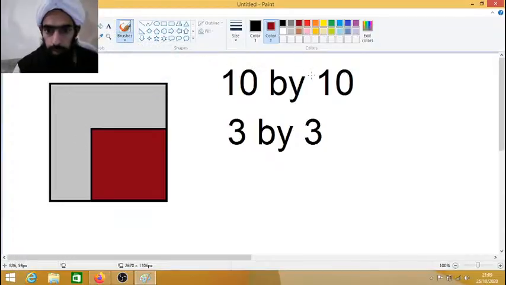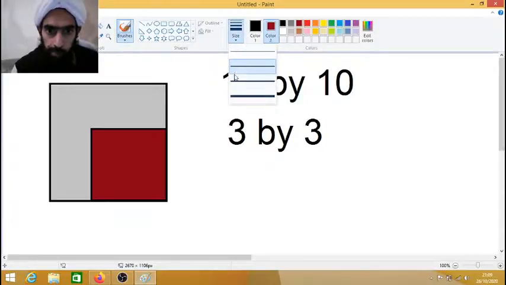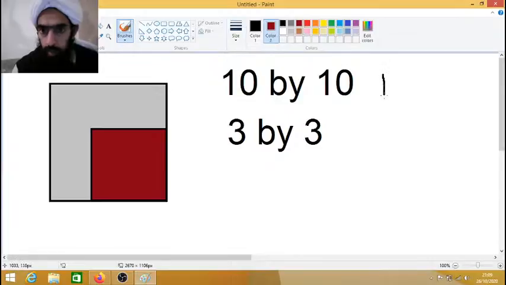So let's just put some of these words into maths. 10 by 10, so that square is 10 squared. The 3 by 3 square is 3 squared.